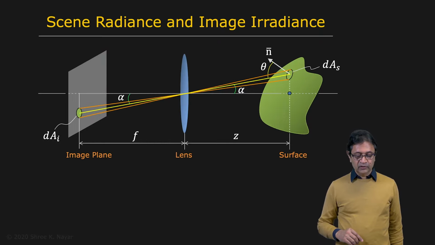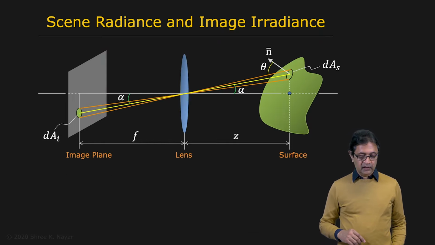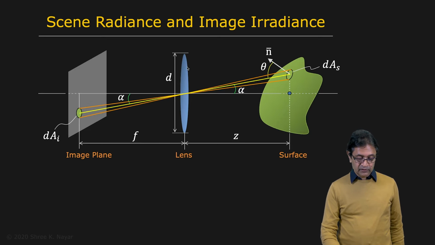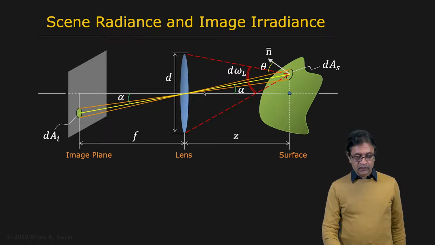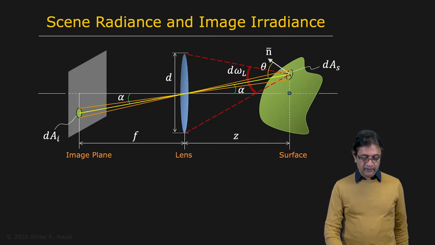And now we're going to look at the solid angle subtended by the lens from the surface point, the patch right here. So let's say that the lens has a diameter d, and we are interested in this solid angle subtended by the lens as seen from the scene point of interest.